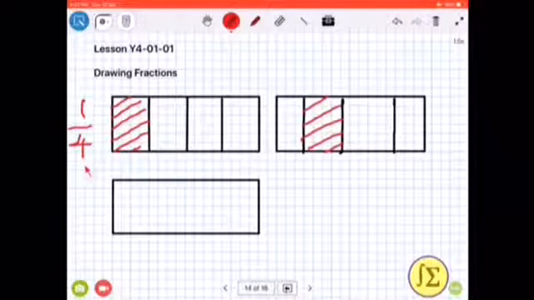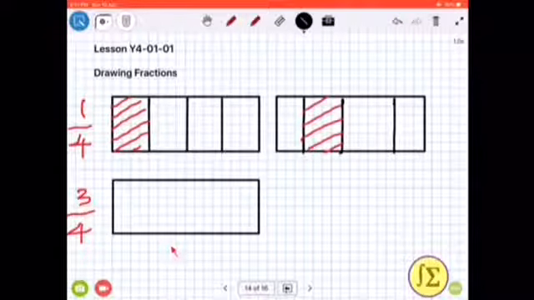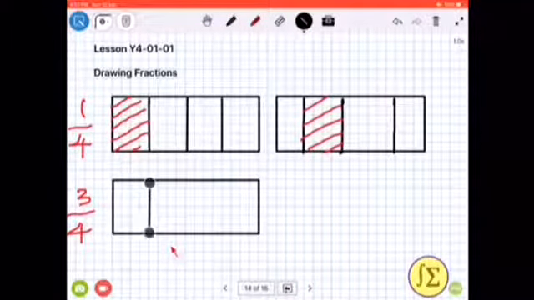Okay, I'm going to draw another fraction. Let's say 3/4, right? Using this rectangle over here. Okay, I'll draw the lines first. First, I divide them again to 4 equal parts.